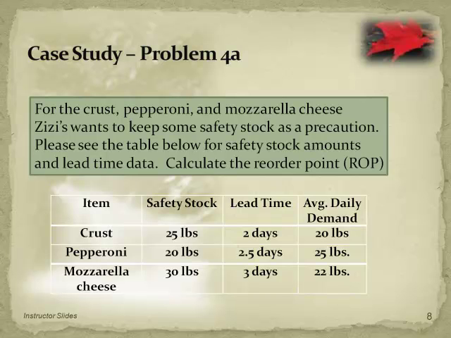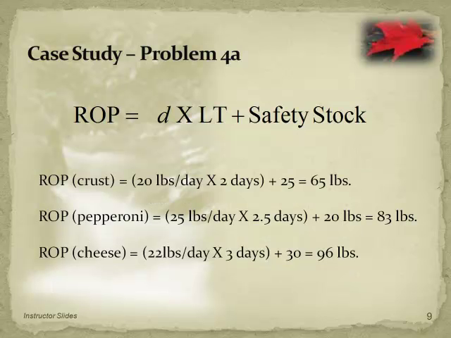So to calculate what the reorder point for each of those ingredients will be, we're going to use the formula that the reorder point is equal to the demand times the lead time, and then we're just going to add the safety stock on the back end. So for the crust, we have a demand of 20 pounds per day, a lead time of 2 days, so that's 40 pounds, and then we're going to add 25 safety stock on the back end of that, and that will give us a reorder point of 65 pounds.